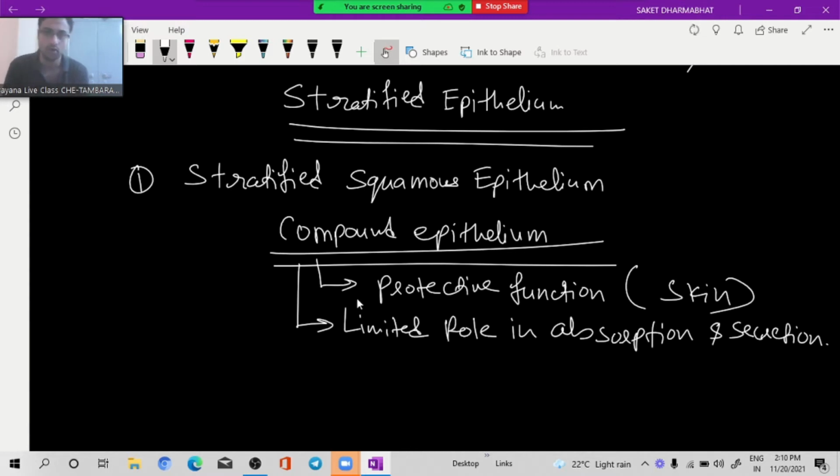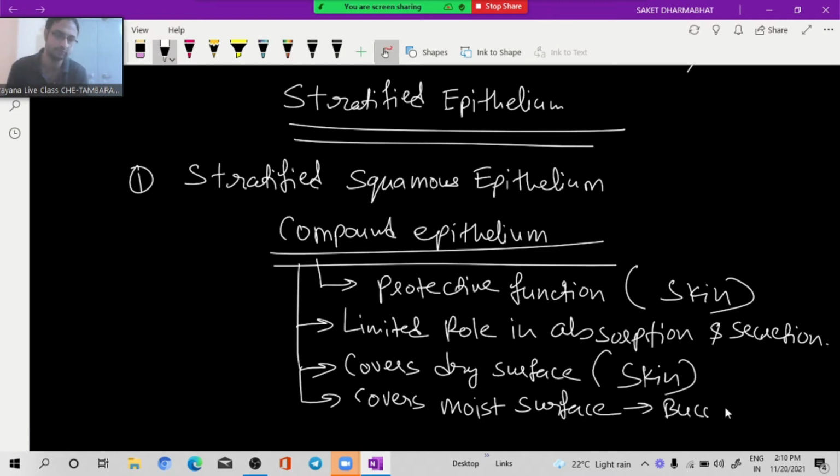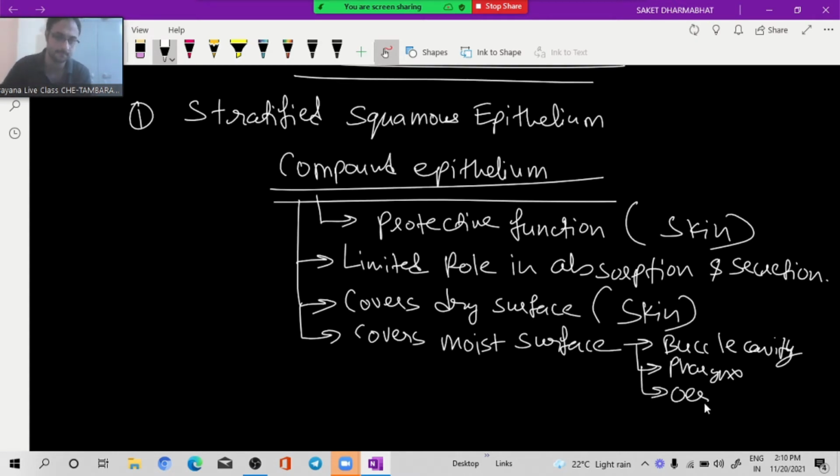Now, they cover dry surfaces like skin, and they cover moist surfaces like the buccal cavity, pharynx, esophagus, etc. Many things they are doing.